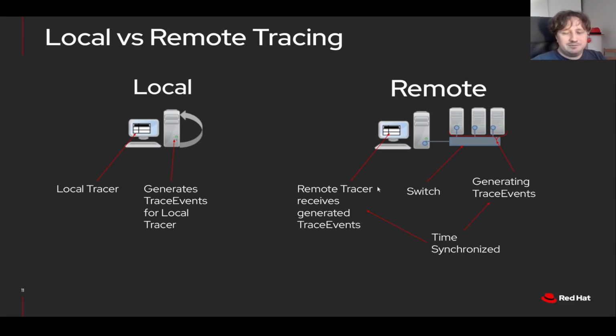And then one machine in this network receives all these events and combines them together. And ideally, you want to have them time synchronized, so that they are in order as they appeared in the network. And time synchronized because you can then make timing measurements about how long different things were happening according to different trace events.